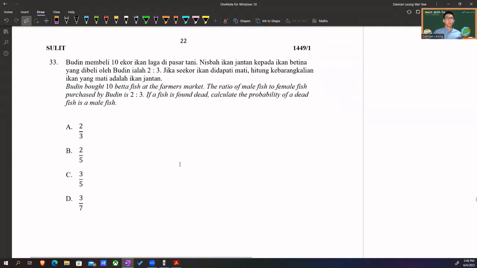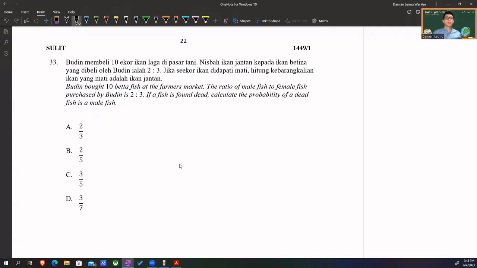Okay. Question 33. Budin bought 10 betta fish in the farmer's market. The ratio of male fish to female fish purchased is 2 to 3. If a fish is found dead, calculate the probability that the dead fish is a male fish.